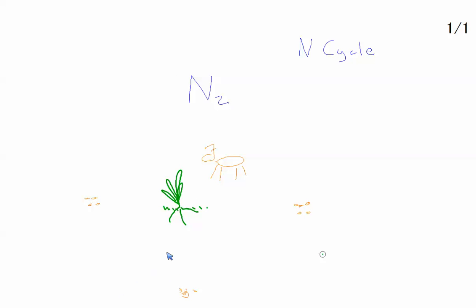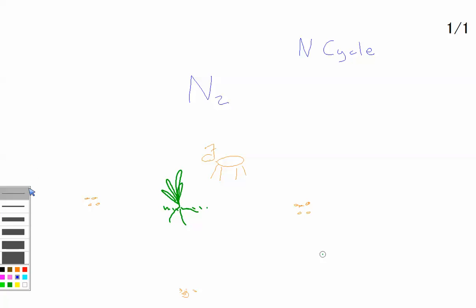So this might confuse you. If 79% of the molecules surrounding this plant are nitrogen gas molecules, why is nitrogen often the limiting factor for plant growth? Well, the answer lies in chemistry.